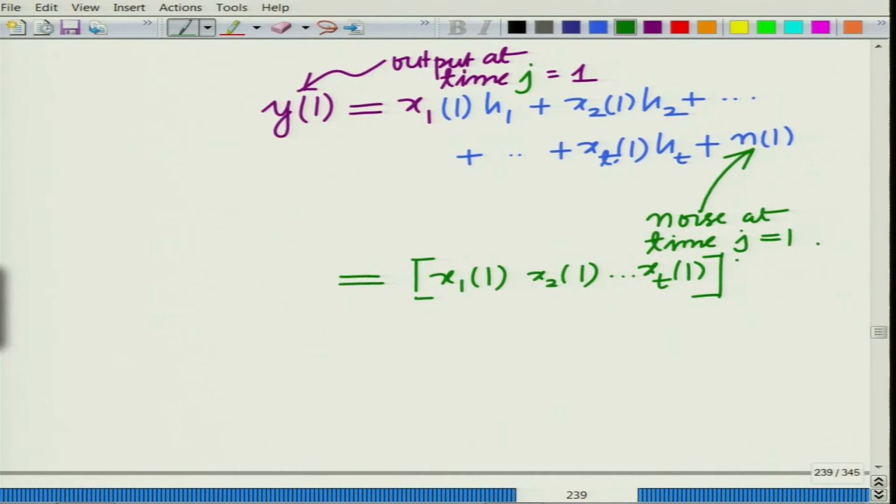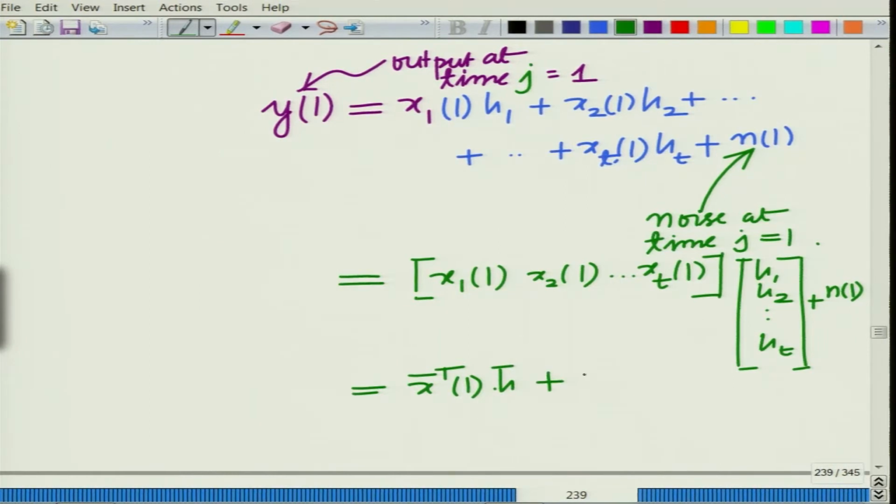the vector x11, x21, up to xt1 times H1, H2, Ht, plus N1, which is nothing but x bar 1 transpose H bar. This is our channel vector H bar, plus N1, right.